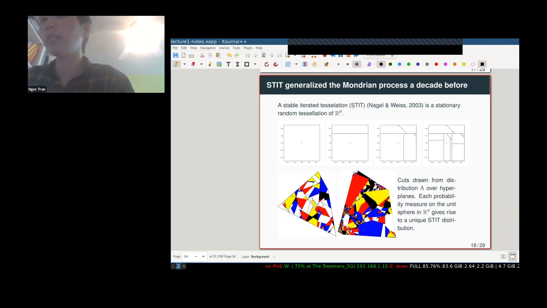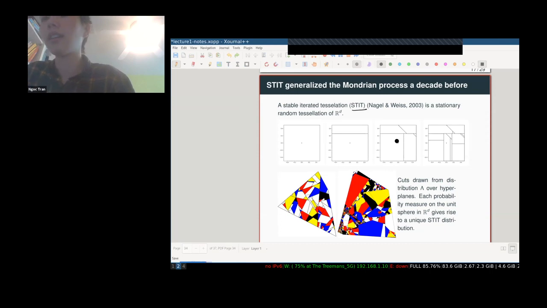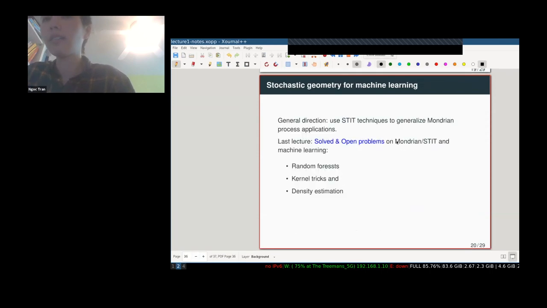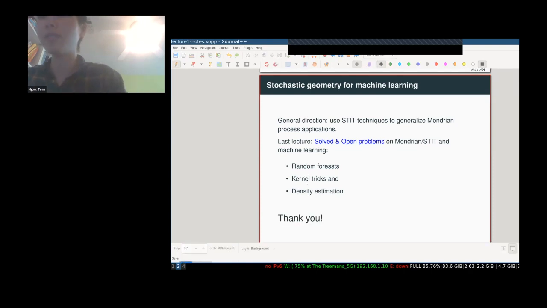And this brings us to stable iterated tessellations. And the latest research, which I think is very exciting, is to use these techniques from stochastic geometry, where people study STITs, to solve problems in machine learning that come out of applying the Mondrian process. Okay, so tomorrow I'll talk about random forests, kernel tricks, and density estimation.